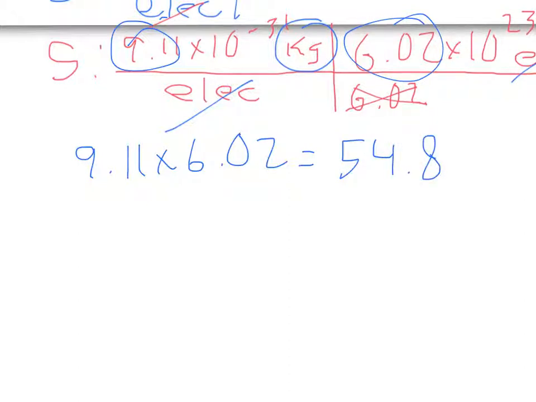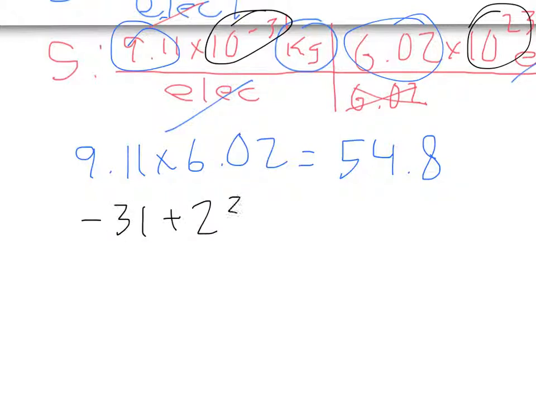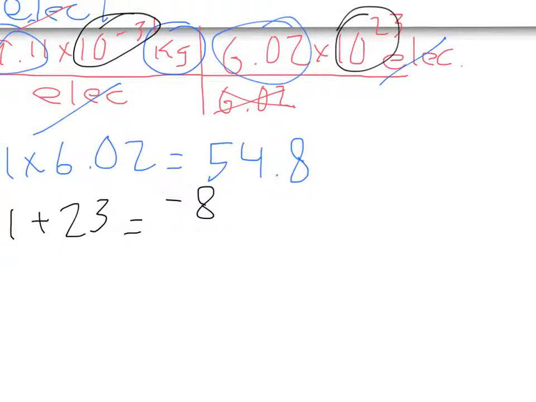When we multiply our powers, 10 to the negative 31 power and 10 to the 23rd power, we just add the negative 31 plus 23, and we end up with negative 8. So our number is 54.8 times 10 to the negative 8.